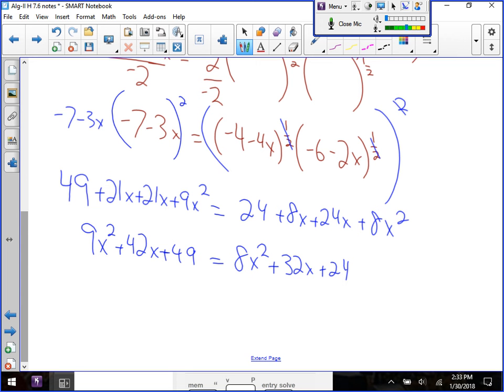So that was a long-winded way to get to variables on both sides of the equation, set one side equal to 0. Which side are you going to move, the right to the left or the left to the right? Move right to left.